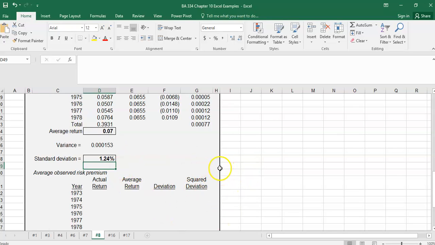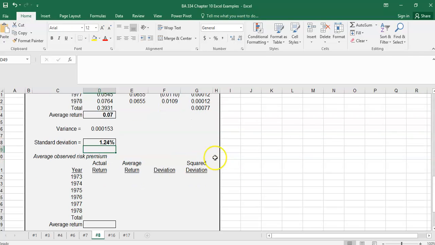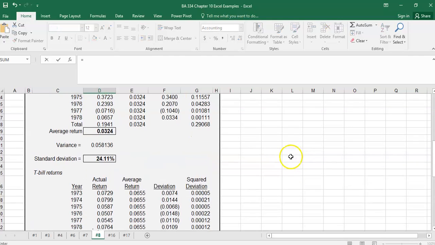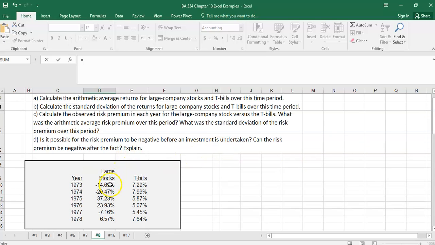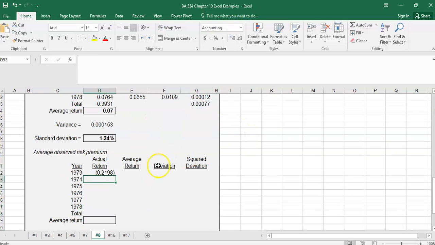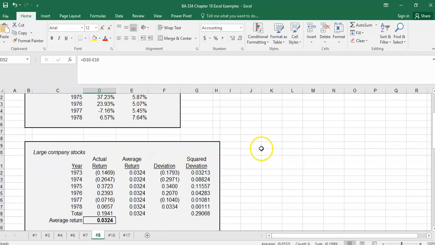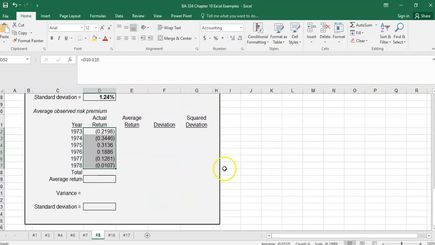So we're going to look at now the large stock return minus the T-bill return, that's the risk premium.